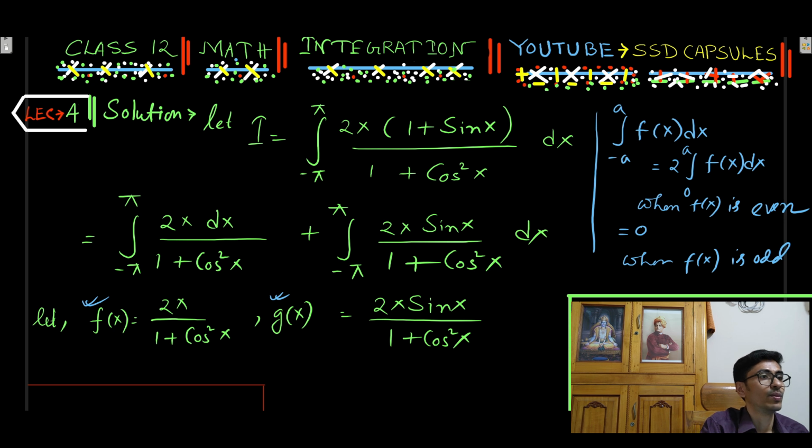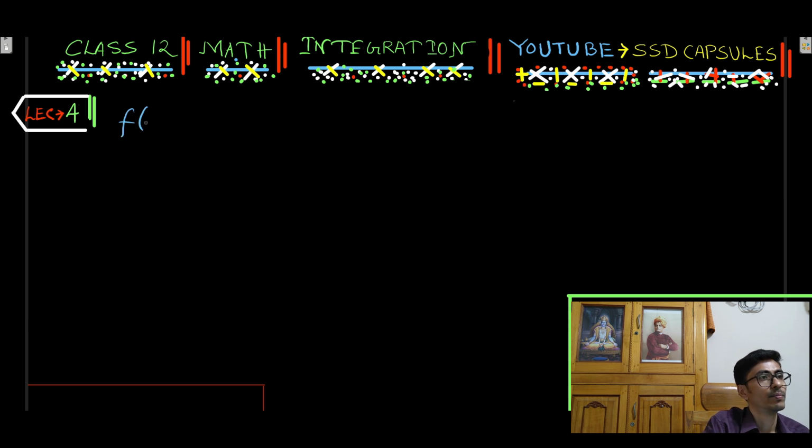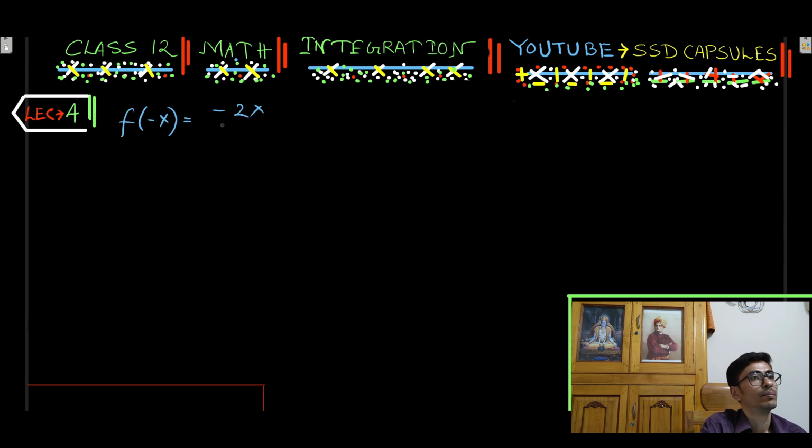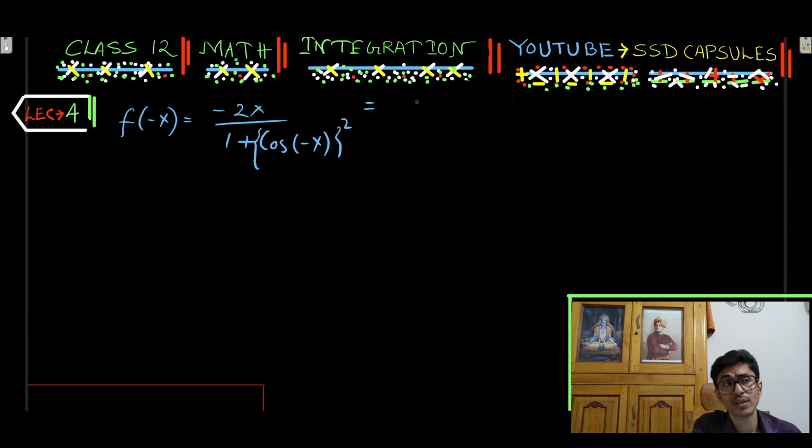So next page, f of minus x equals minus 2x by 1 plus cos of minus x whole square, because here it is cos square x. So here we know that cos of minus x equals cos x.